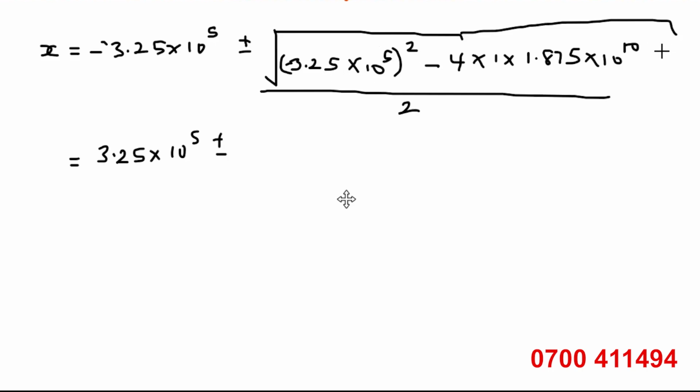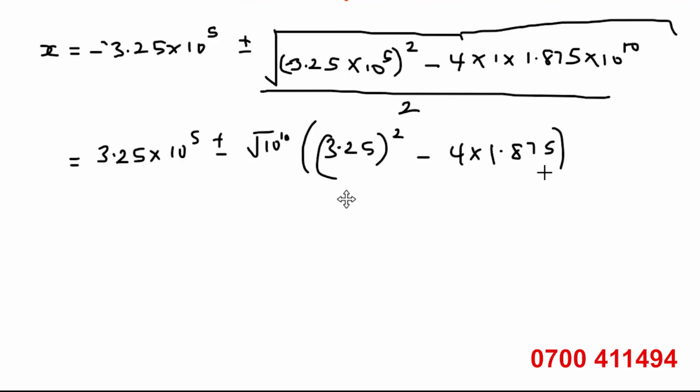We also have a 10 to the power 10, so it is a common factor here. And since there is a root, we shall have the square root of 10 to the power 10 out. And then what do we remain with in the bracket? We remain with the 3.25 squared, minus 4 times 1.875. You can see how this has become a bit simpler.